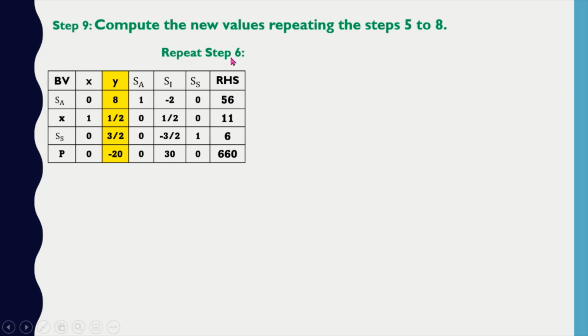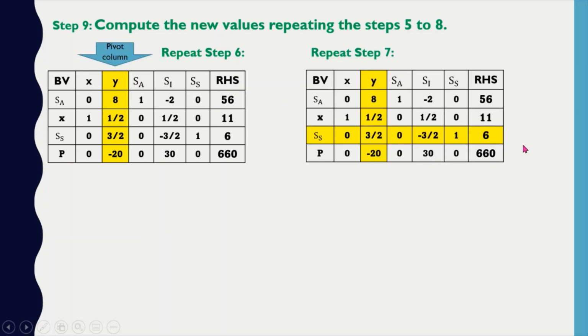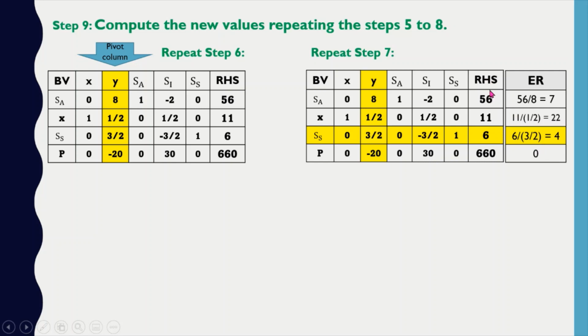Then this is our step 7, find our pivot row. To find our pivot row, of course, we're going to have our temporary column here, our ER, or exchange ratio. So we're going to divide our new values of the RHS by our pivot column. In this case, we have 56 divided by 8, that is equal to 7. 11 divided by 1 half, that is actually 22.